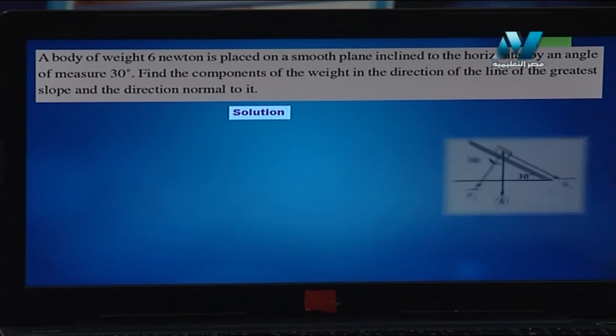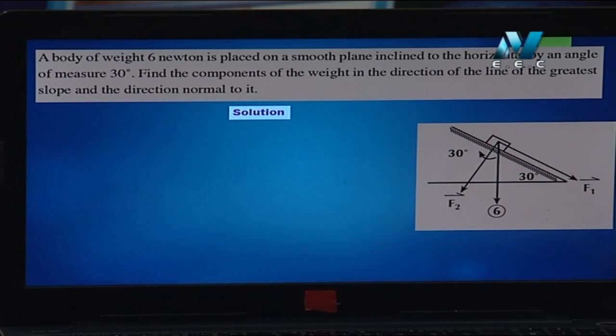Solution. We have here the body put on the inclined plane, which is inclined by 30 degrees to the horizontal. This is the angle 30, and we have a body whose weight equals 6, and the 6 acts downward because of the gravity of the earth, of course.